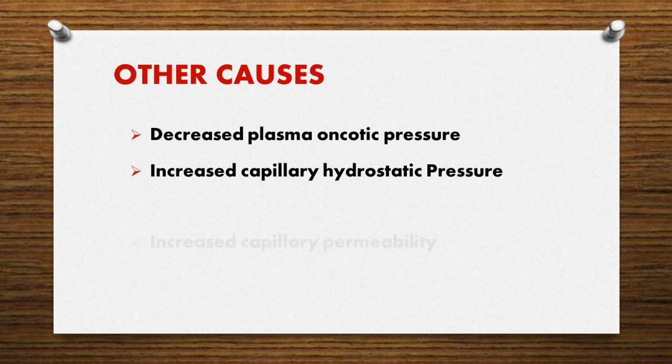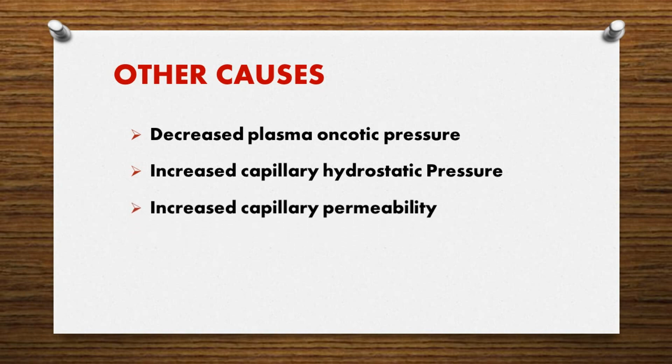The next one is increased capillary permeability. As we know, capillaries are the primary site of exchange. So whenever there is damage to the structure of these capillaries, they become more permeable, or more leaky. For example, whenever there are burns or tissue trauma, it may increase the capillary permeability. The next cause is sodium and water retention.